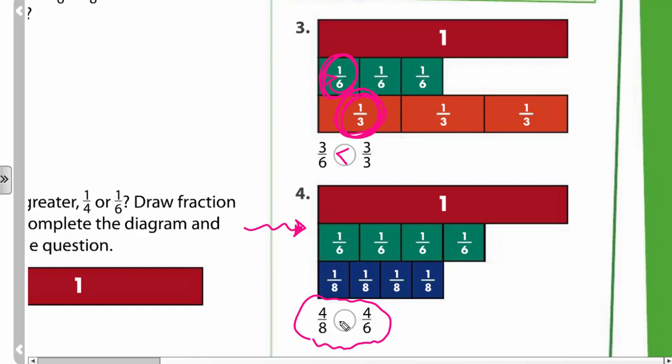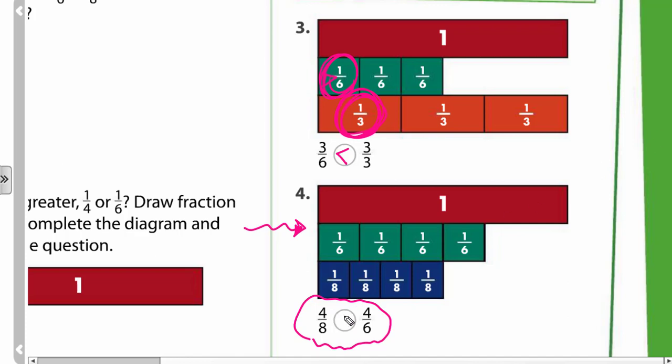Less than. Okay, so you mean this is the correct sign? You said less.